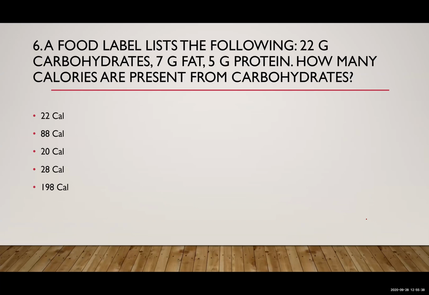So you may get these kinds of problems. A food label lists the following: 22 grams of carbohydrates. In the food label given, how many carbohydrates are there? 22 grams, right? How many fats are there?